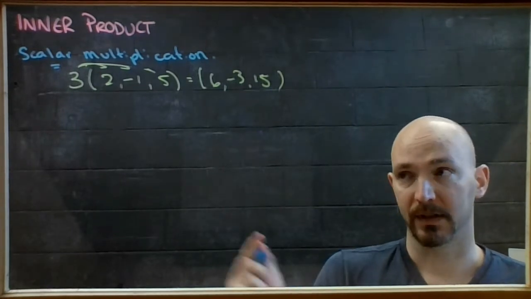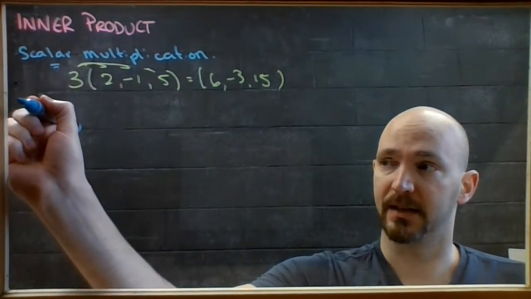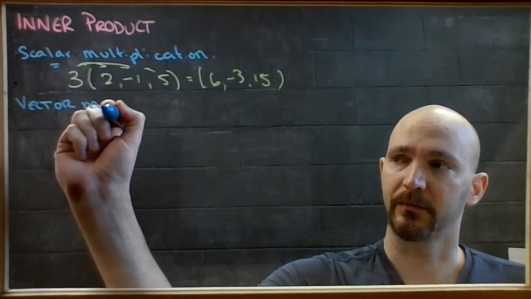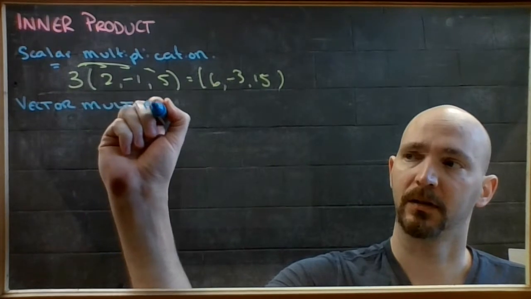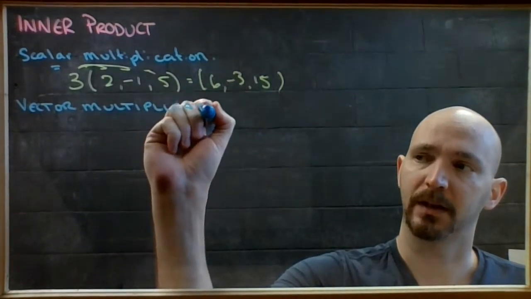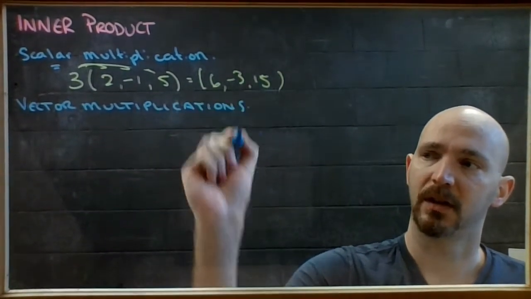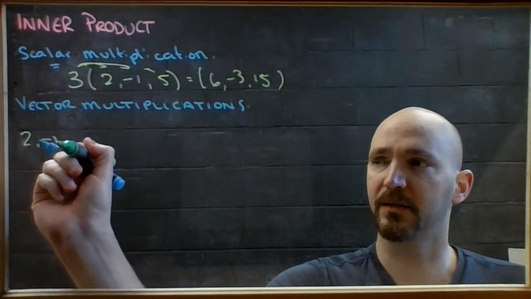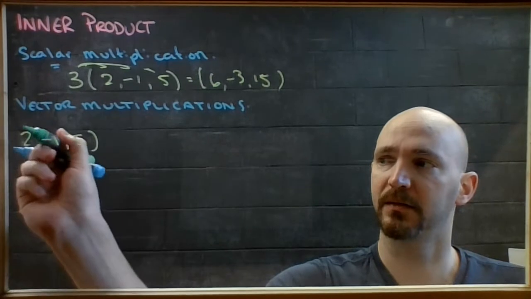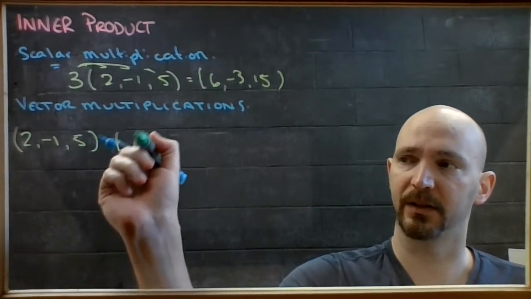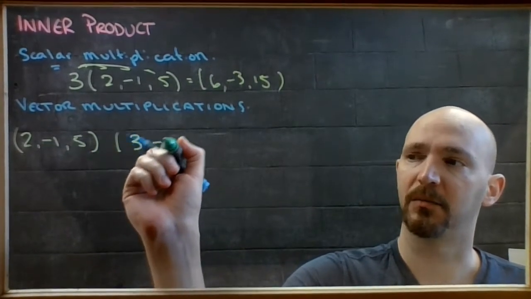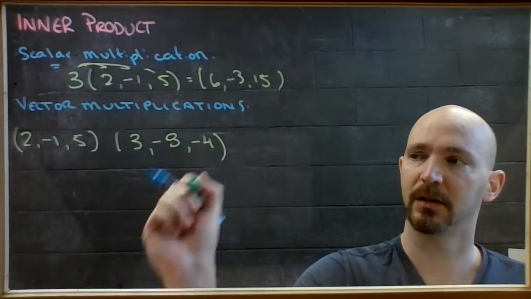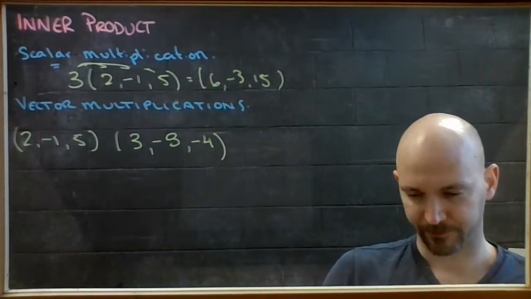The next thing we're going to attempt here is some vector multiplications. I'm going to take this vector here, (2, -1, 5), and another vector, (3, -8, -4).